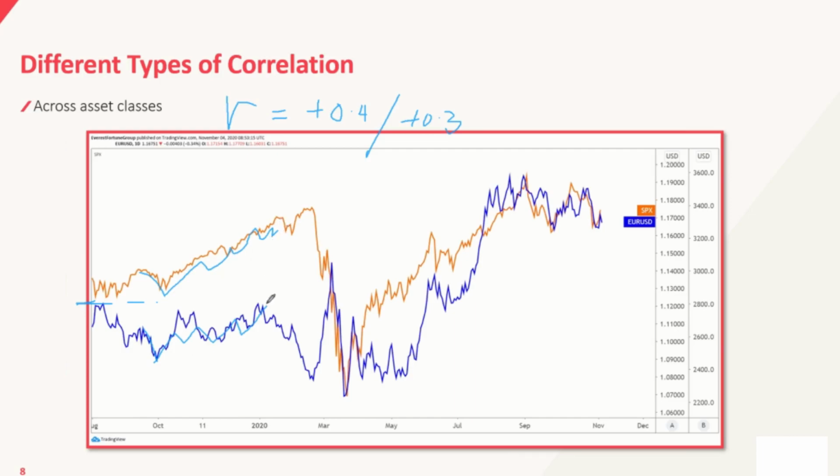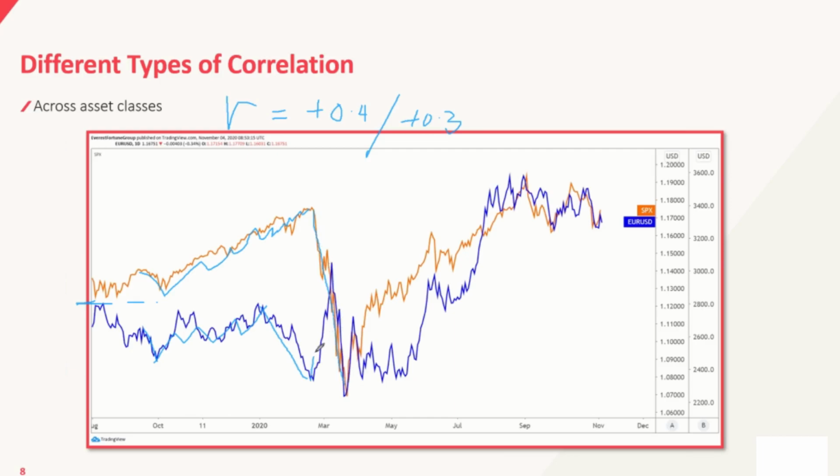And then what happened? The euro started falling first. After the euro started falling, the S&P climbed a bit higher, showing that the correlation was a bit more negative. Then once the S&P started tanking in March, this was due to the corona virus outbreak, the S&P started tanking like crazy.